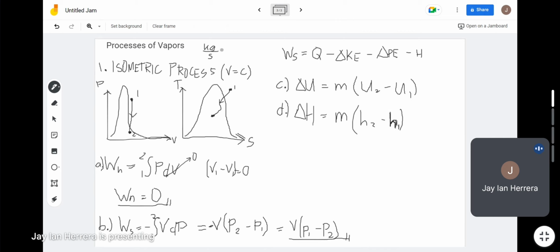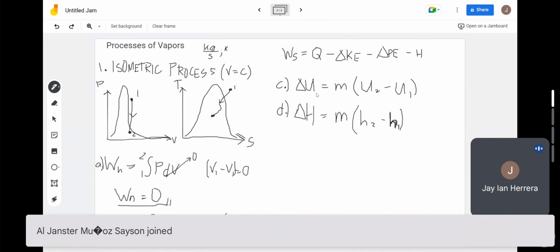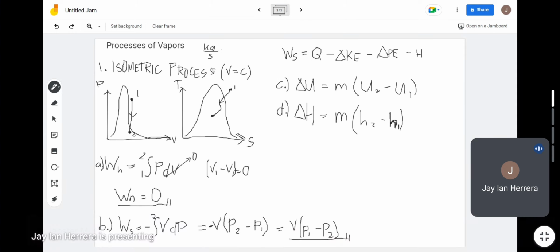Then, makukuha natin, or minsan, kilogram lang, para ang nakukuha nating enthalpy or internal energy or heat is under kilowatt or kilojoule. Siyempre, makakancel lang si kilogram sa mass and then yung kilogram na denominator ng enthalpy or internal energy natin.